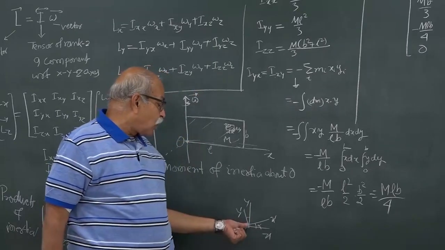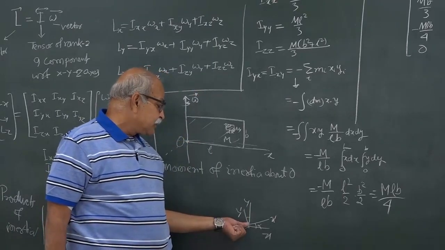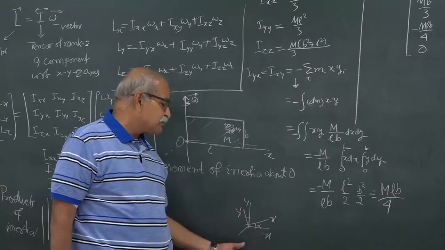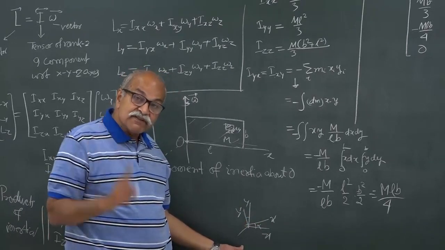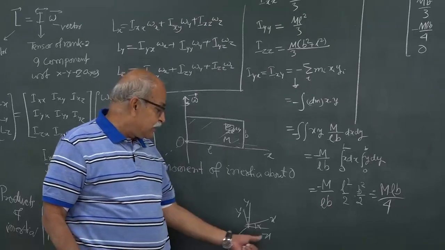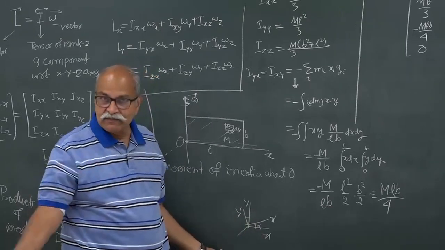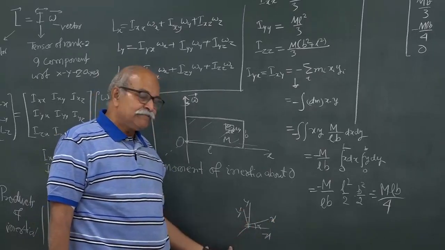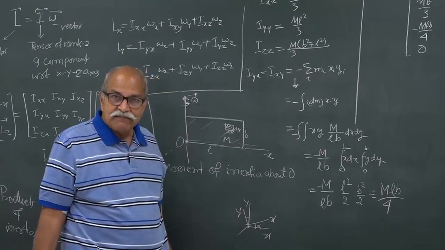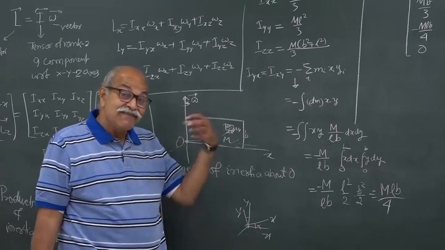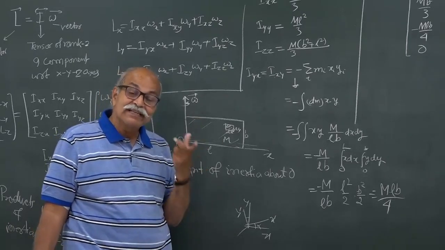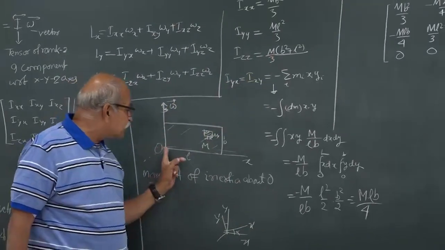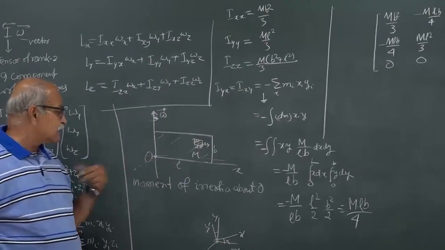You write the component of the vector in the directions of x prime, y prime, z prime, the components will be different. If you are using x, y, z axis, there are some components of a given vector. If you are using x prime, y prime, z prime, the components will be different, but the vector is not different, it is the same vector, it is a physical quantity. Similarly, here I have chosen one particular axis system x, y, z.